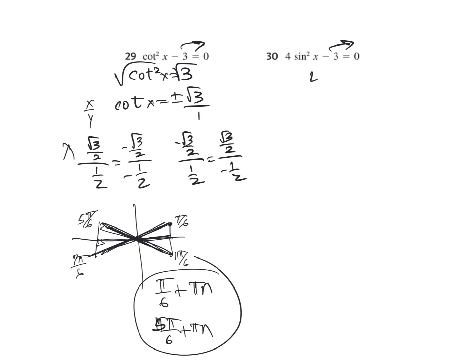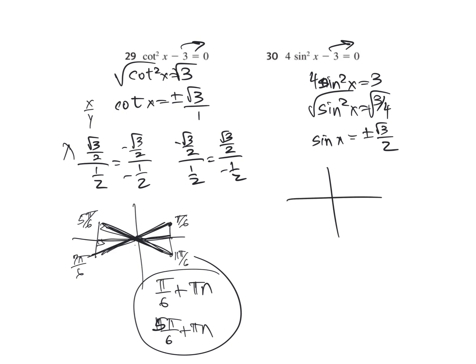All right, add 3. Sine squared of x equals 3, divide by 4. Sine squared of x equals 3/4. And then we take the square root, and the sine of x is equal to plus or minus the square root of 3 over 2. So where's y? Positive and negative long leg. So that's there, there. Those are both positive.